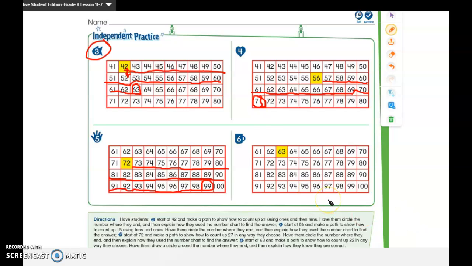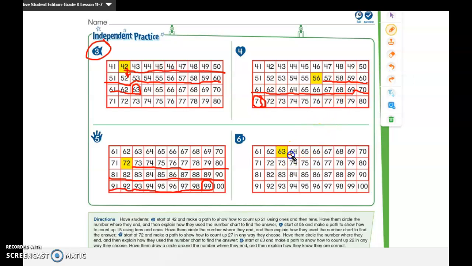So let's start at number 6. Let's start at 63. We're going to count up 22 more. Okay, so I could go down and say 10, 20, 21, 22. Or we can count by ones all the way up.